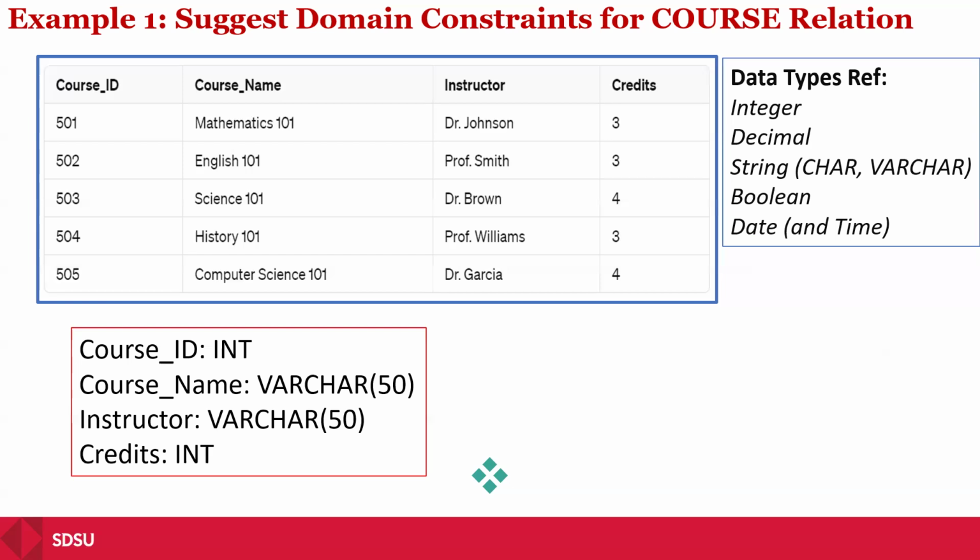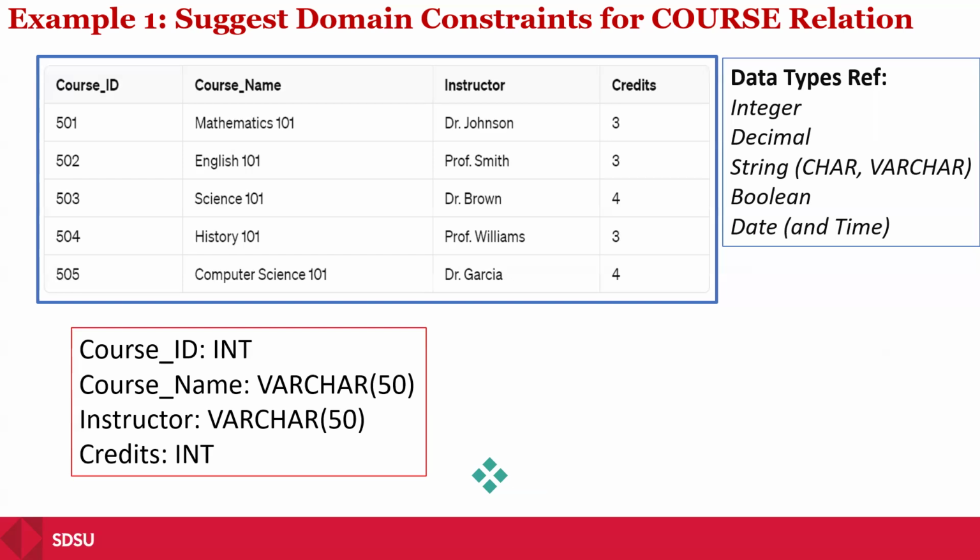So when we define the domain constraints for a certain relation, sometimes it makes more sense to go a little higher than expectation. In this case, when we talk about course name, yes, course name is a kind of short field, but can we allocate a little longer space for that just in case? Yes, of course. And it's probably good to allocate a little more space than we think we might need.